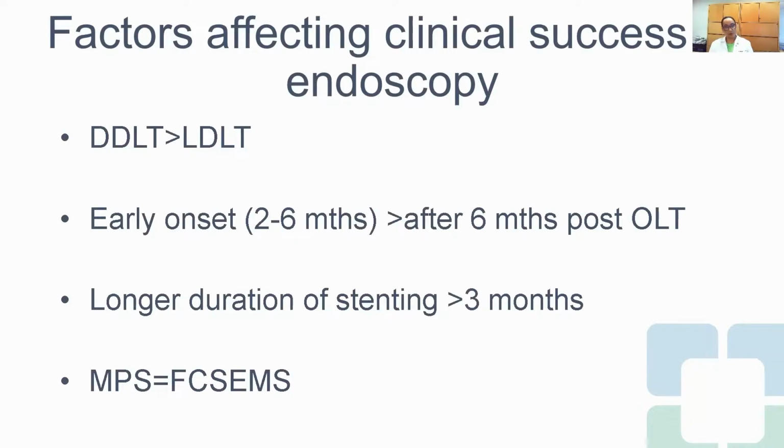Patients who undergo longer duration of stenting, especially longer than 3 months, and studies show that if you have indwelling stent time for up to 12 months, the stricture resolution is in the high 90s, 96 to 98%, with a low recurrence rate followed over a long time. And finally, for patients who undergo multiple plastic stenting as a strategy for stricture resolution compared to fully covered metal stents, the efficacy is the same.